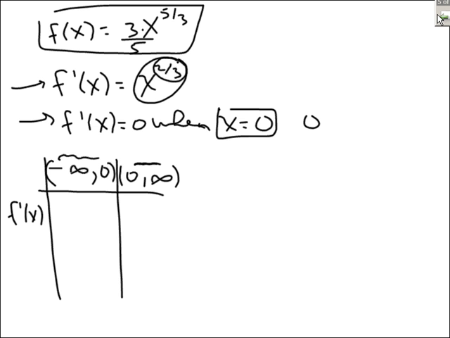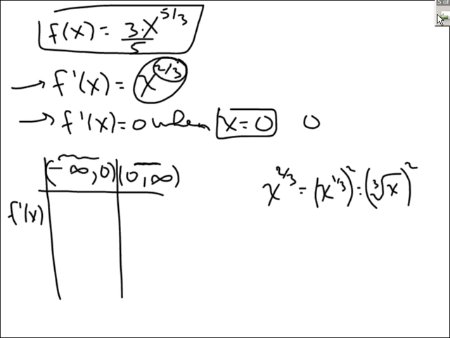What I want to comment on is that x to the 2/3 means x to the 1/3, squared. That is, it's the cube root of x, and then you square it.